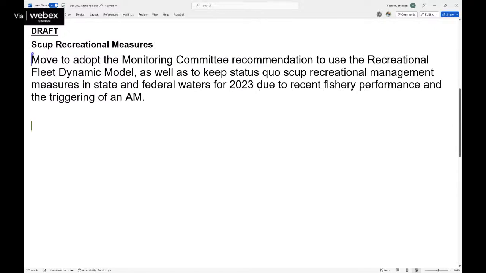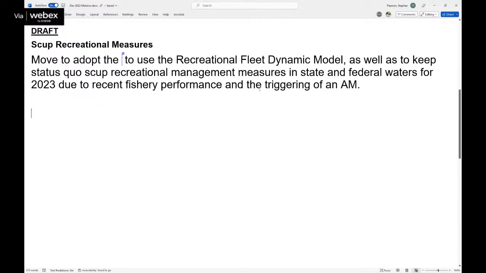I believe it's our job here to make a recommendation what the percent liberalization or reduction is that we need. If we go with status quo, we don't need to change measures, so we don't need states to go back home and start using a model to go ahead and change them.